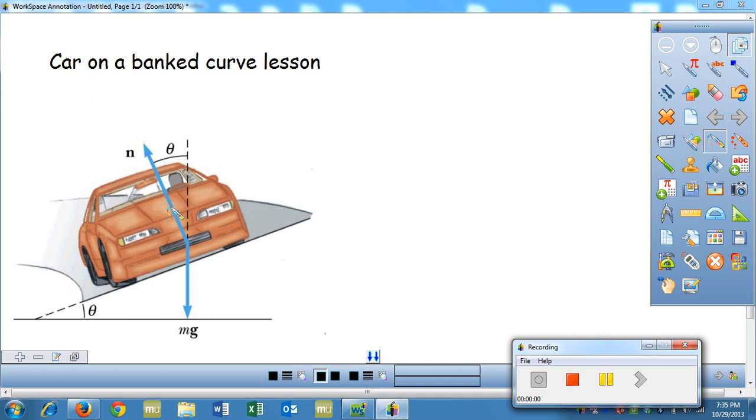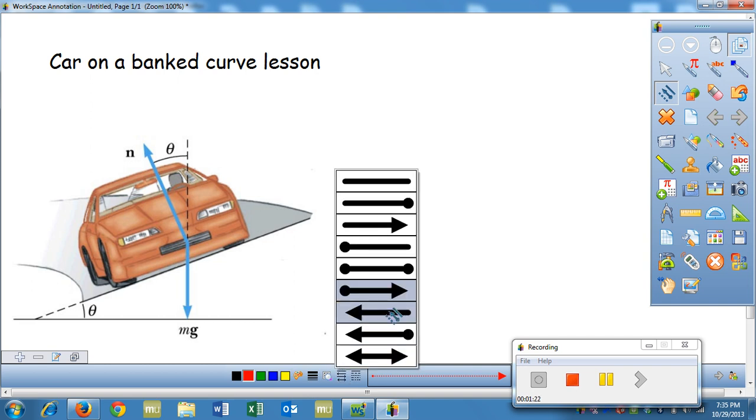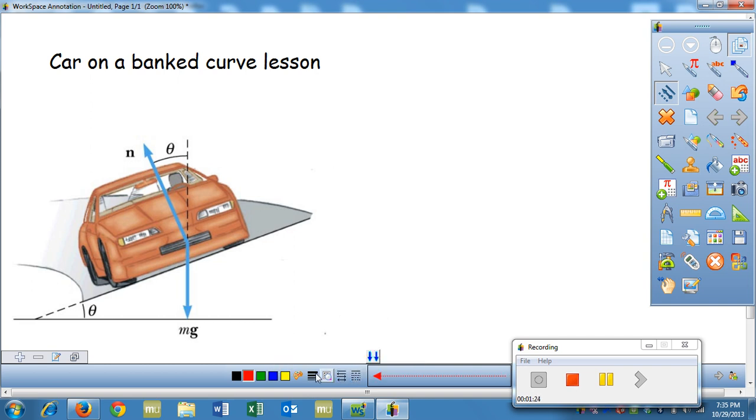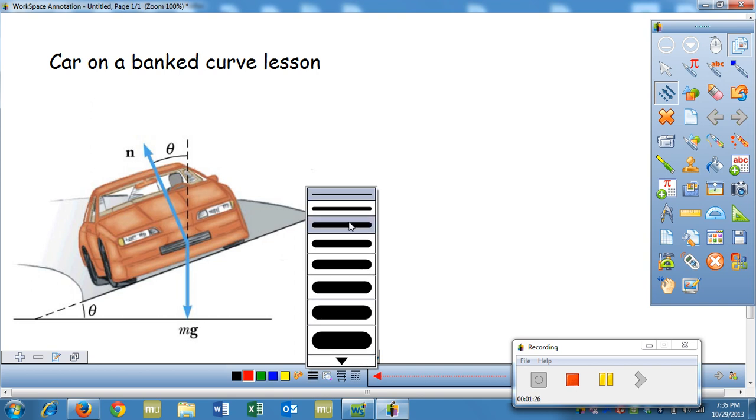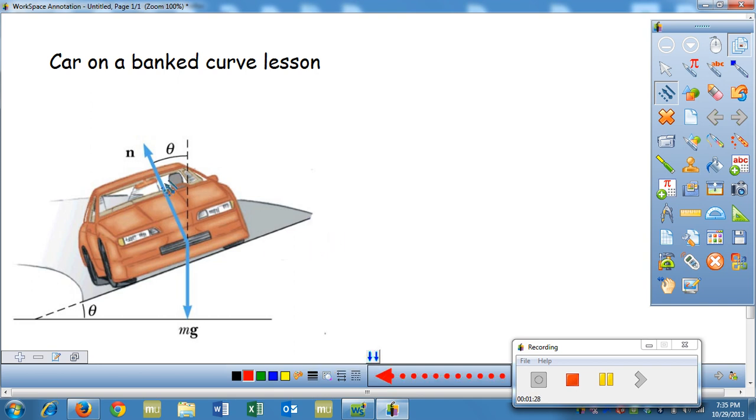So basically the trick here is that we take the normal force and we break it into two components. One component that's vertical and one component that's horizontal.